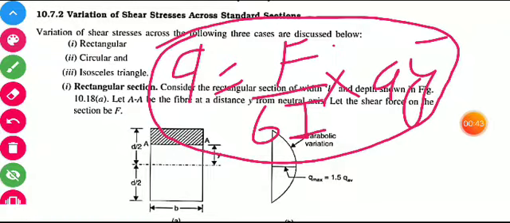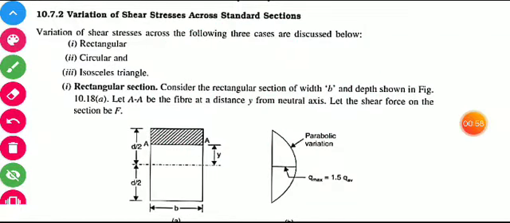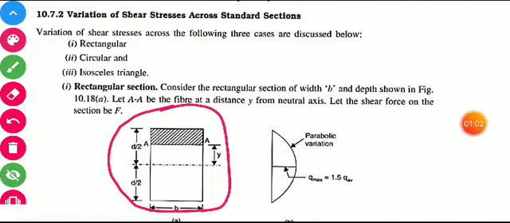So on the basis of this particular formula, we can now calculate the distribution of shear stress on different sections. First, take the example of a rectangular section. Here, b is the width of the rectangular section and d is the depth. From the neutral axis it is divided into d by 2, d by 2.